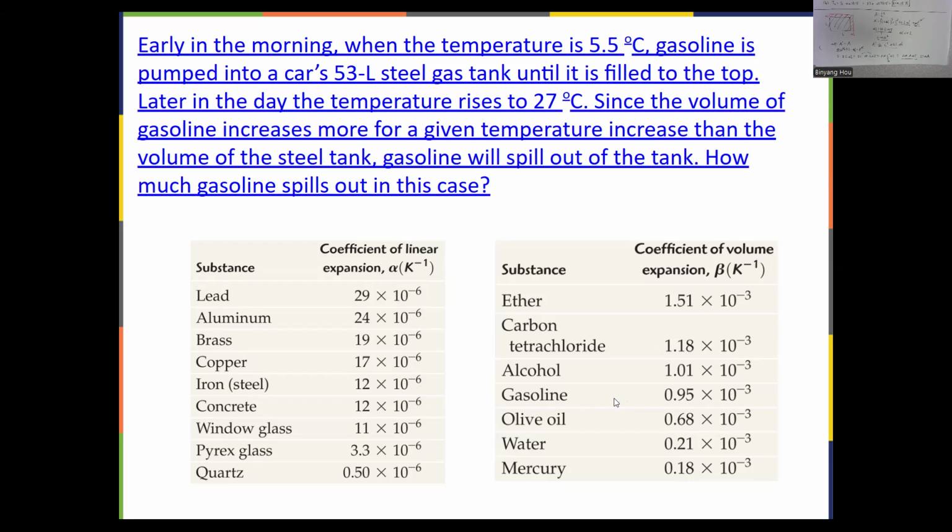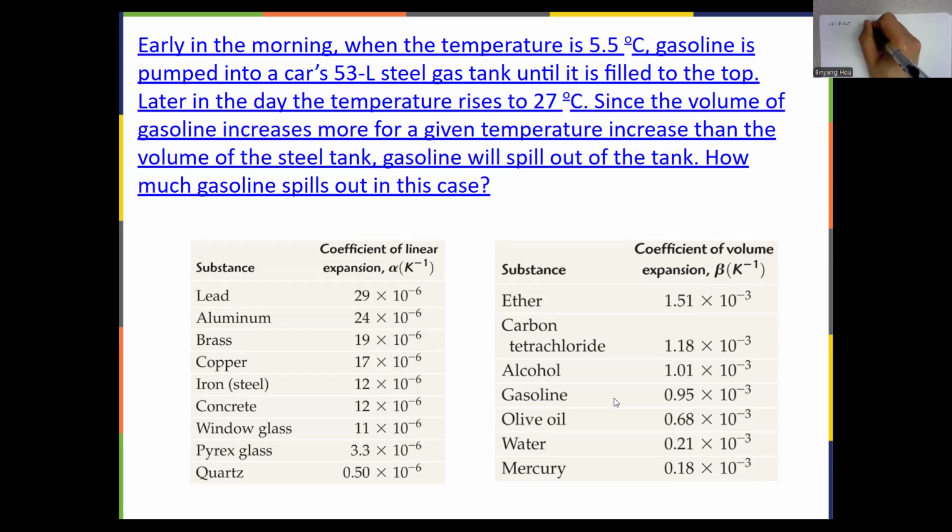All right, so let's take a look at this one. We'll start with how much it spills. So then we'll be looking at the expansion of the gas tank, right? So this is beta times original volume times delta T. So that's the expansion of gasoline.